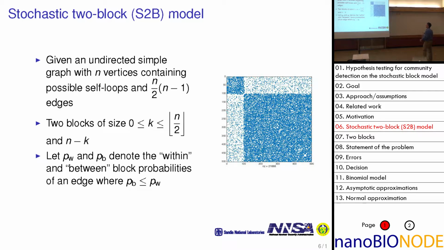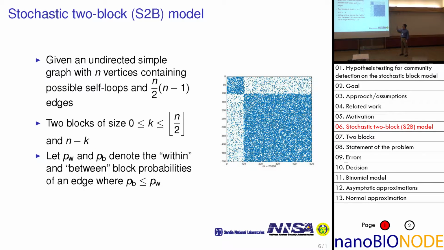So again, let's get a little bit more into the stochastic block model. You have an undirected simple graph, possibly with self-loops. There are that many elements on the diagonal and above. Two blocks of size k and the floor of n over 2, so one's of size k, the other's n minus k. The stochastic block model is an instance of a random graph model, and there are two probabilities here.